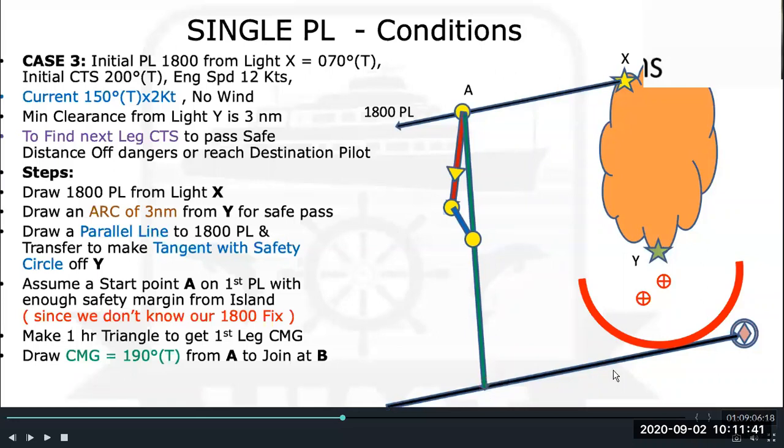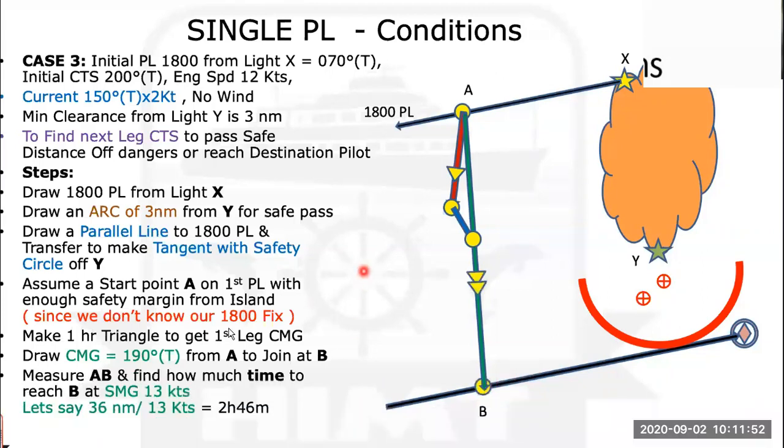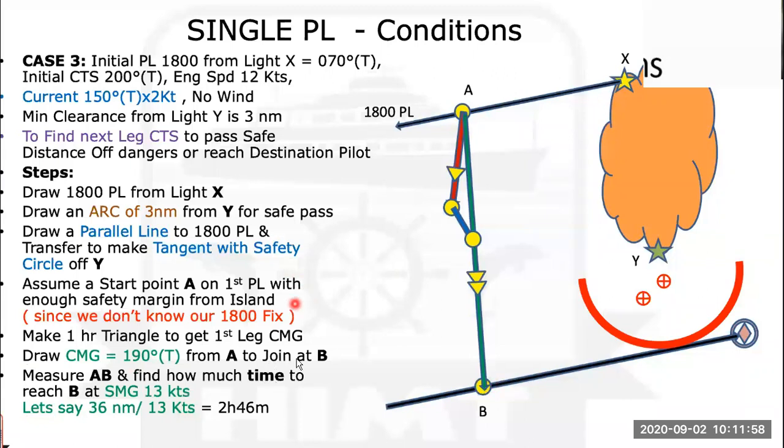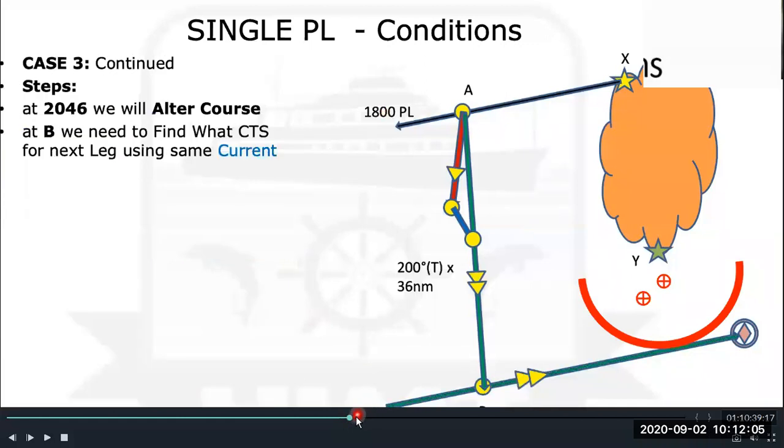And the next course bearing which we found, 070, is again our course made good. So the distance is 36 miles, and by 13 knots we got 2 hours 46 minutes. So we add 2 hours 46 minutes to 1800, and we get 2046. 2046 is our alteration time.